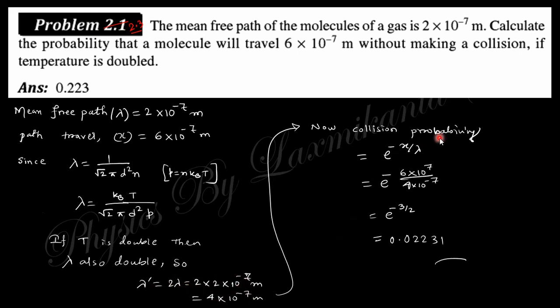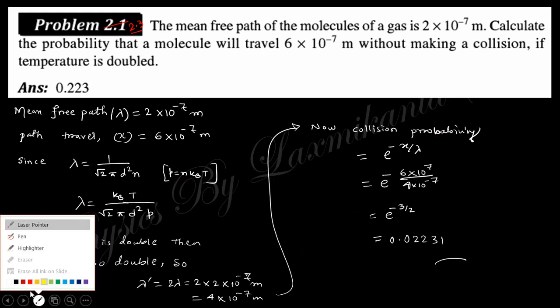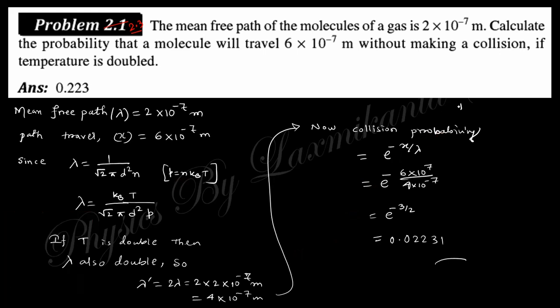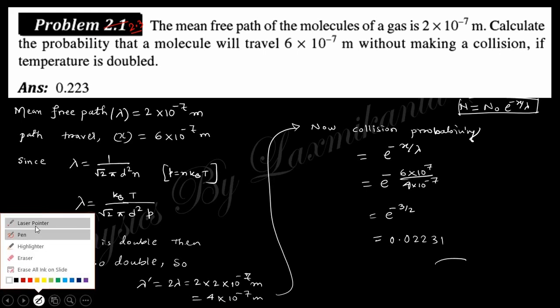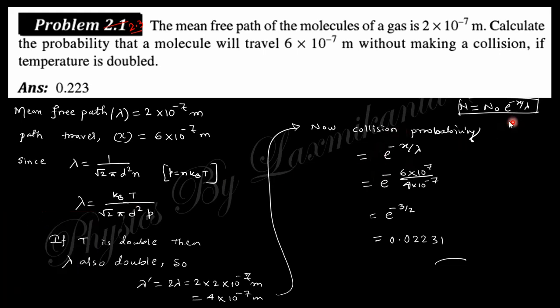The collision probability is the exponential of minus x by lambda. You know this survival equation, e to the power minus x by lambda. So the probability will be e to the power minus x by lambda, where x is 6 into 10 to the minus 7 and lambda is 4 into 10 to the minus 7.